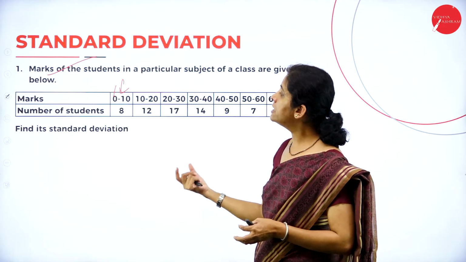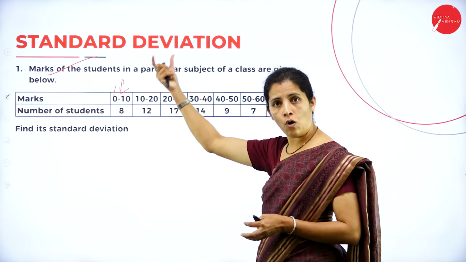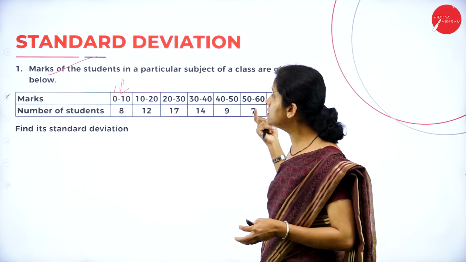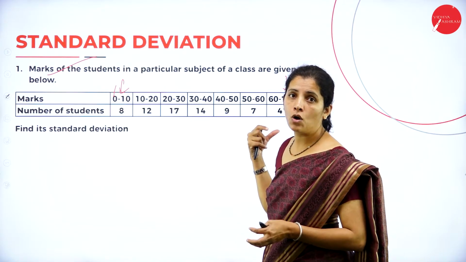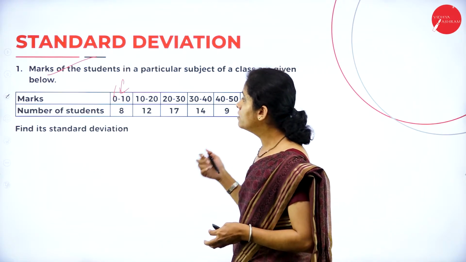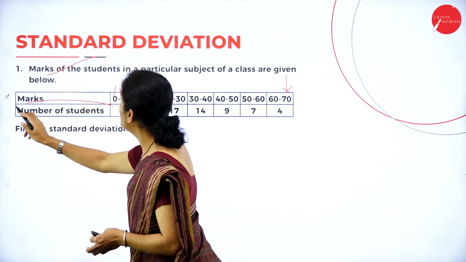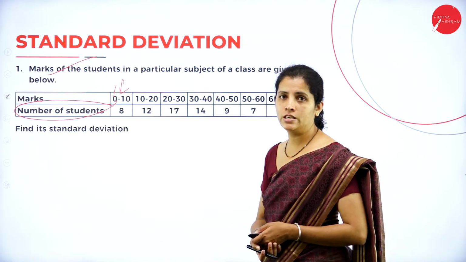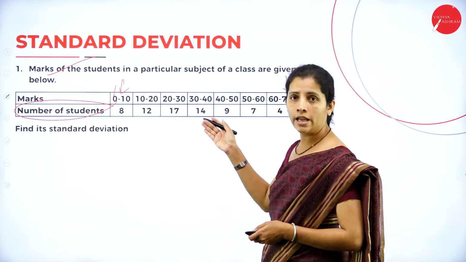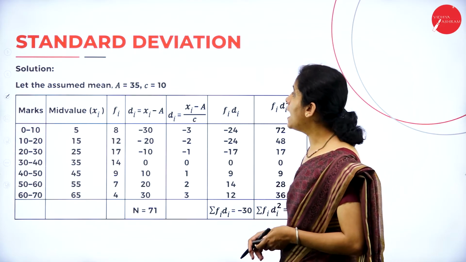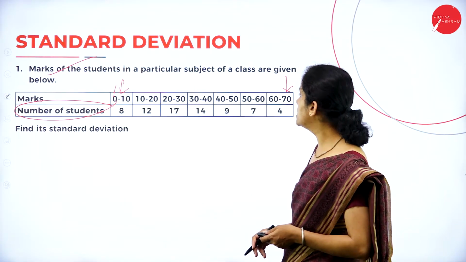Since all the classes are continuous, it is called a continuous frequency distribution. I have the number of students, and we need to find the standard deviation. For this table, I want to reconstruct the table. And what is the assumed mean here?